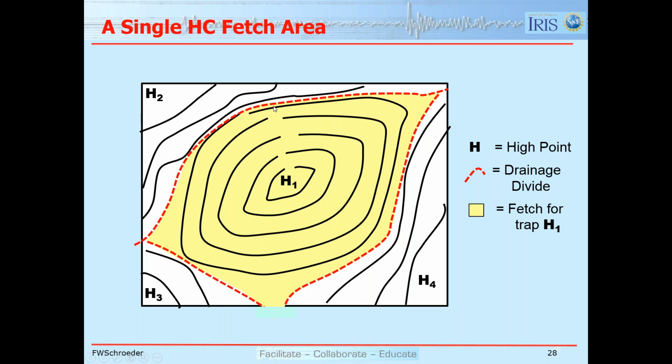So let's consider a hypothetical area where the red would be a drainage divide. It would be a syncline defining a particular mini basin. The highest point in this mini basin is located here. And so any hydrocarbon that would be generated within the yellow shaded region would percolate up and try to fill this particular trap, this particular high or crest.